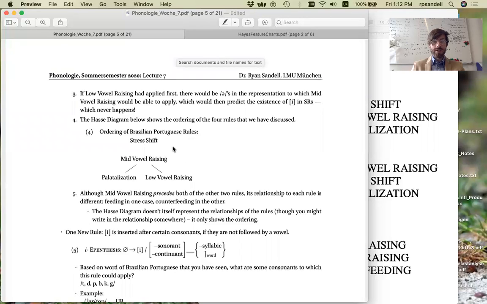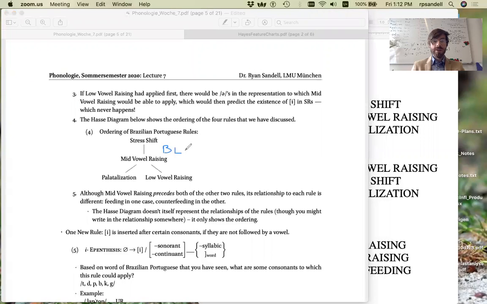So based on what we've already said, the stress shift rule bleeds instances of mid vowel raising, because stress shift can remove possible inputs to mid vowel raising.